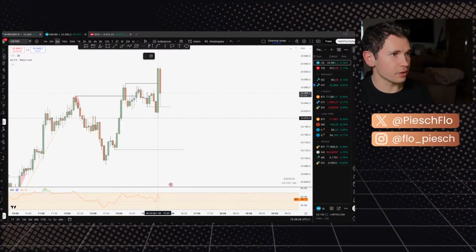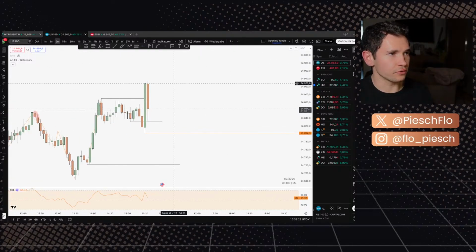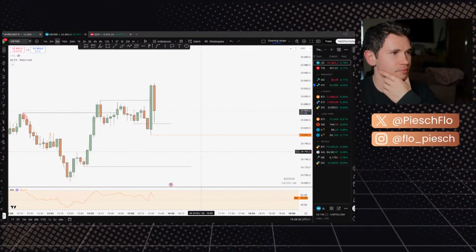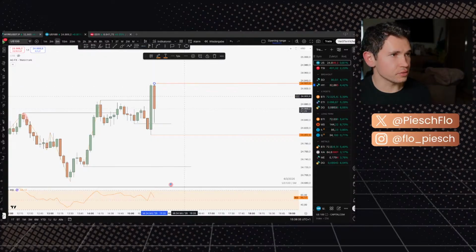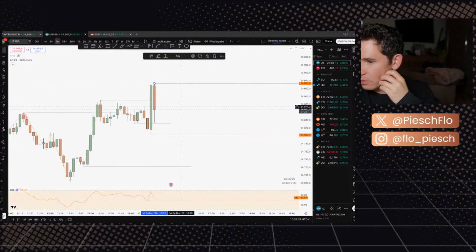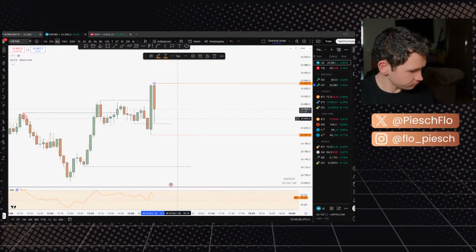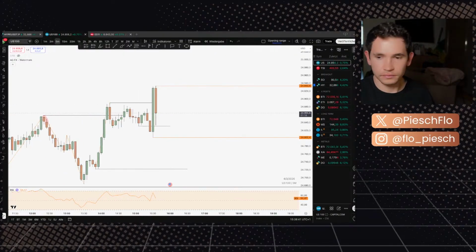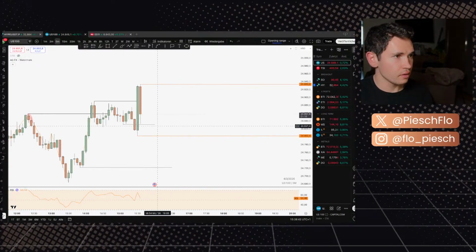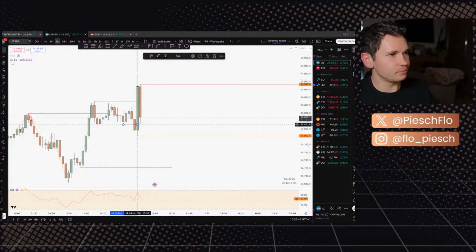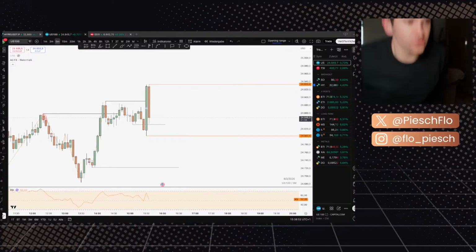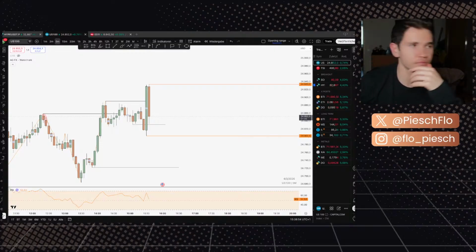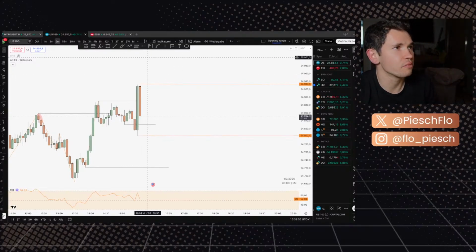And now we just wait for the opening range to close. The low of the opening range currently is this one. And the high is this one, but we obviously have to wait 7 more minutes for it to close. And then we can tell more, but it looks like we have both options today on the table, because market is obviously bullish.